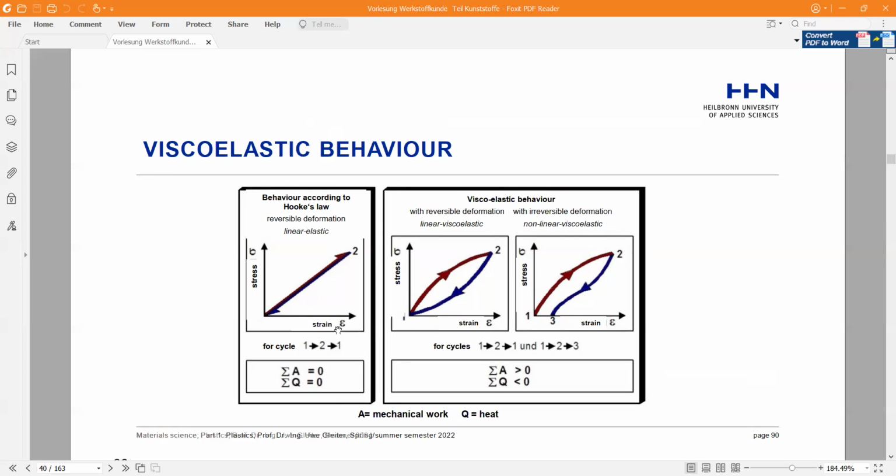So the higher the strain, the higher the stress. Here we have a cycle 1, 2. So the sum of the work is 0, and the sum of heat is also 0.